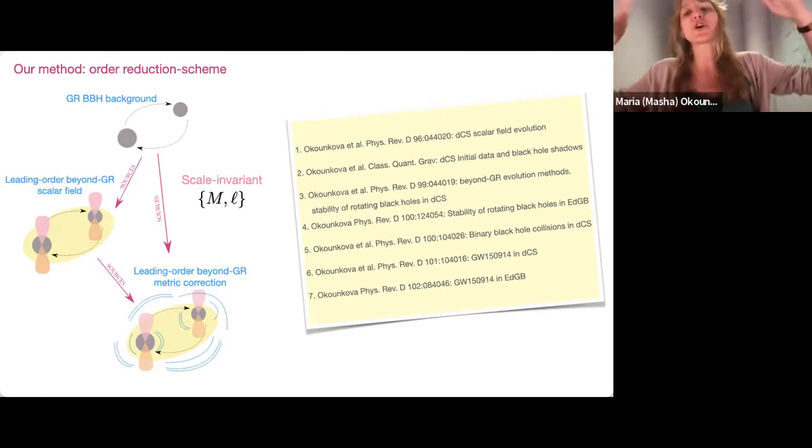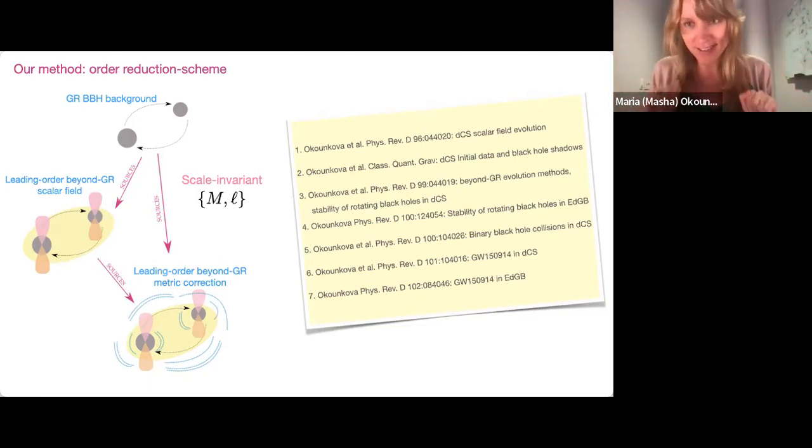Let me then perturb around general relativity to get a well-posed initial value formalism and get results for what the leading order Einstein dilaton Gauss-Bonnet or dynamical Chern-Simons gravity correction is to my spacetime metric, which then allows you to correct the gravitational radiation. And I'll talk about this more towards the end as a bonus for people who are interested in it.